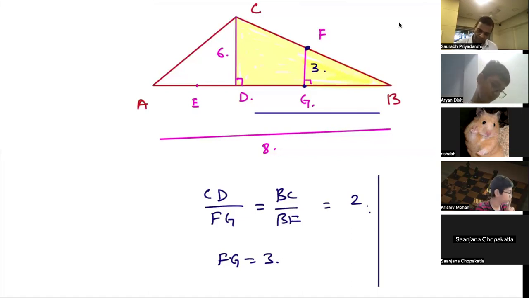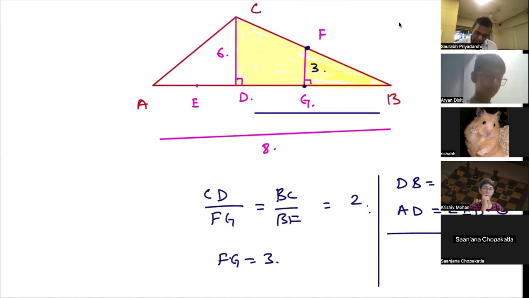Half means I can write DB is equal to twice of DG. Similarly, AD is equal to twice of ED. If you add both of these, AD plus BD is 8 units. AD plus BD is equal to twice of DG plus ED.